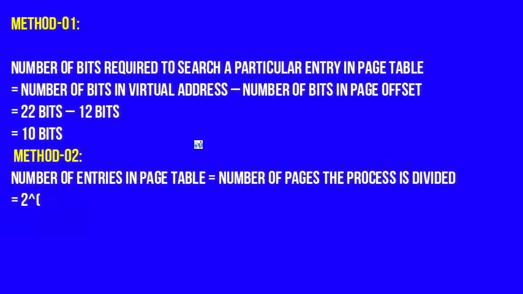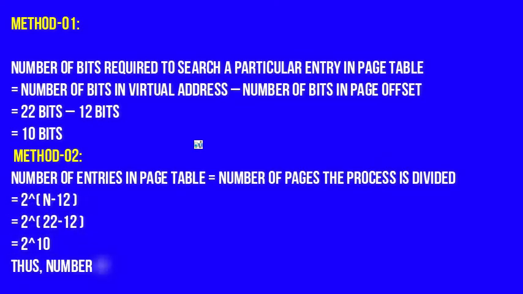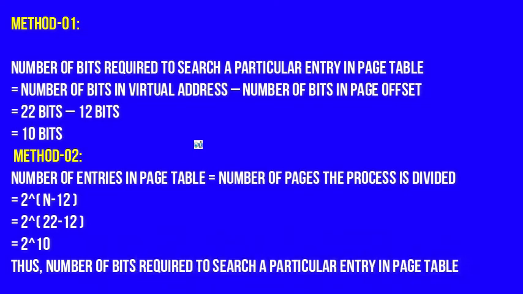Another method: the number of entries in the page table equals the number of pages the process is divided into, 2 to the power n minus 12, and with n equal to 22 this is 2 to the power 10. Thus the number of bits required to search a particular entry in the page table for a single level paging system equals 10 bit. That is the answer.